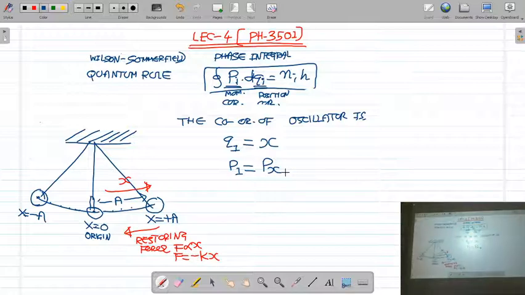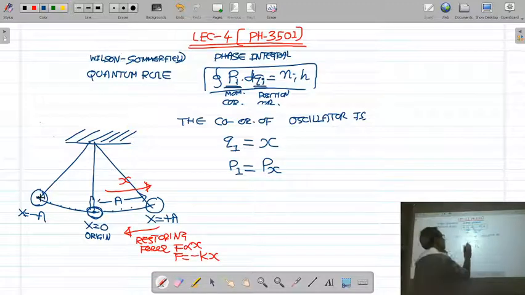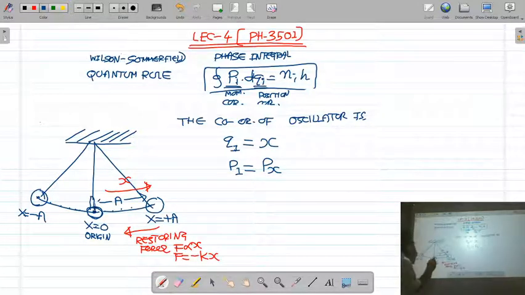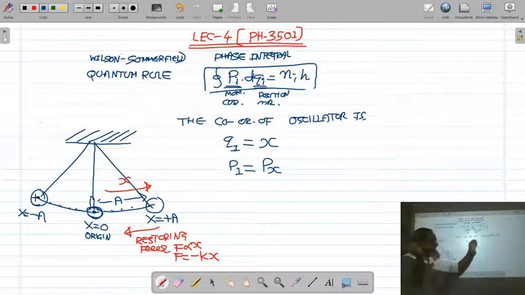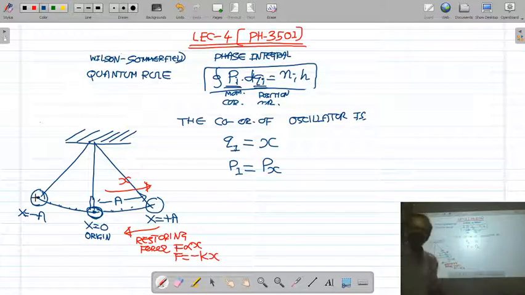So this is a one-dimensional simple harmonic oscillator oscillating about the equilibrium position x equals 0 between two points plus and minus a, with position coordinate x and momentum px.